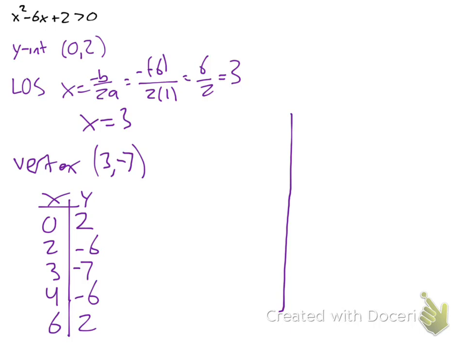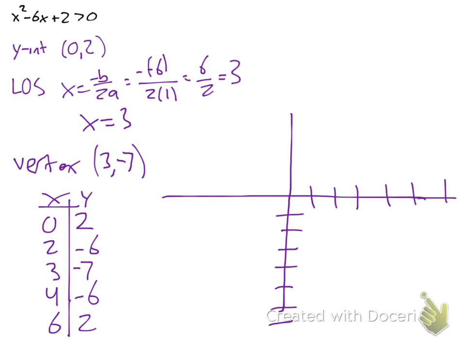When I go to graph these, notice I have a lot of negative numbers in the y. So 1, 2, 3, 4, 5, 6, 7, I think is the most it goes. 1, 2, 3, 4, 5, 6. Then (0, 2), (2, -6), somewhere about here.